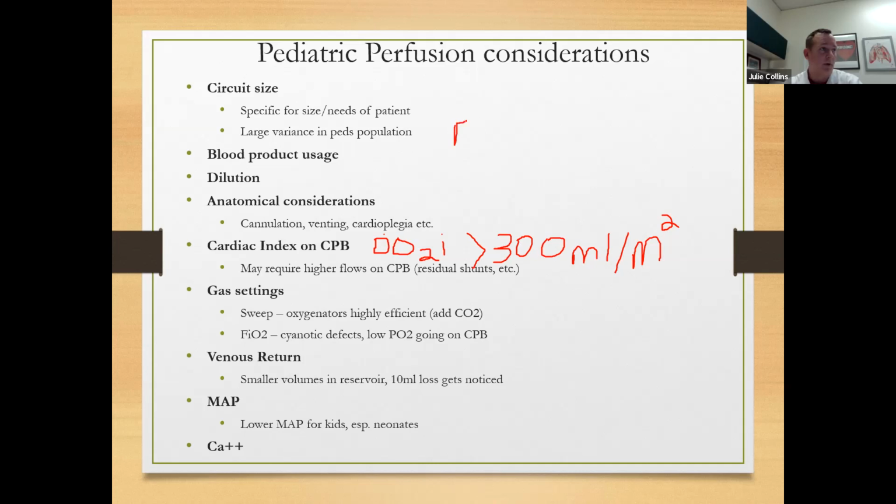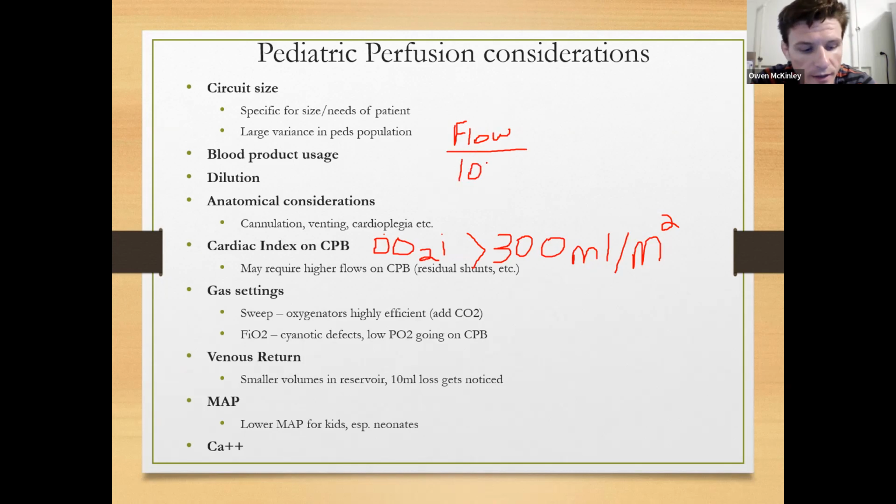All right, let's do flow. So if you're on pump, how are you going to calculate this? Desired cardiac index times the patient's BSA.